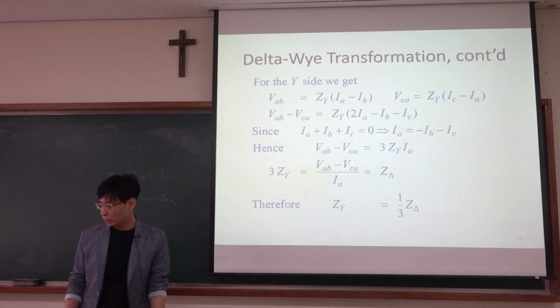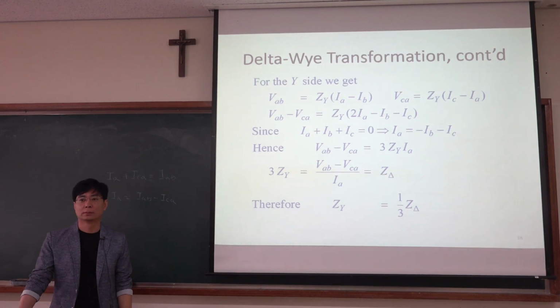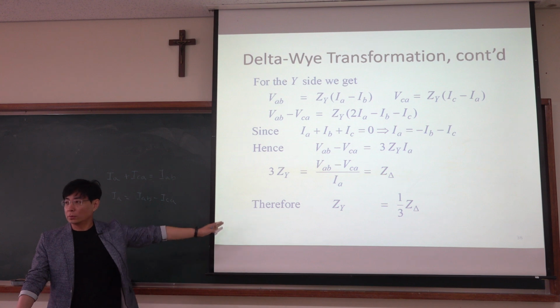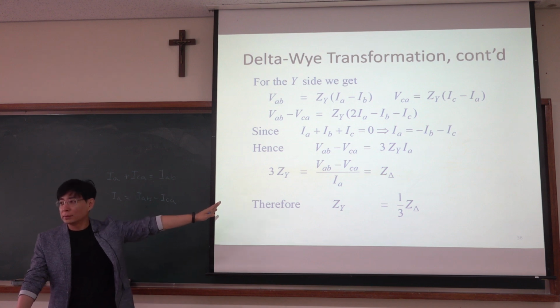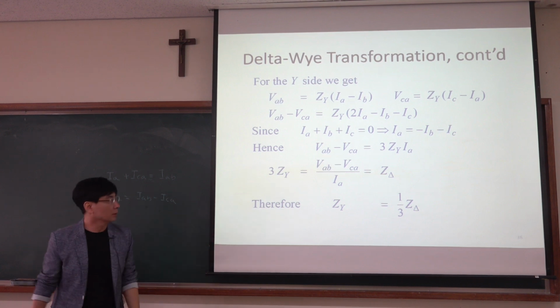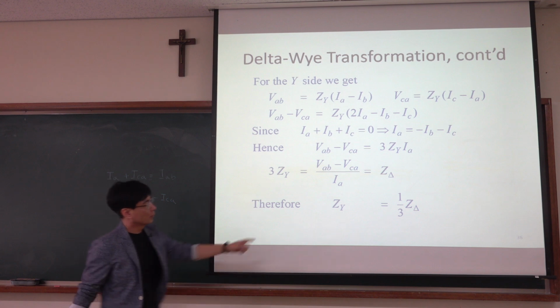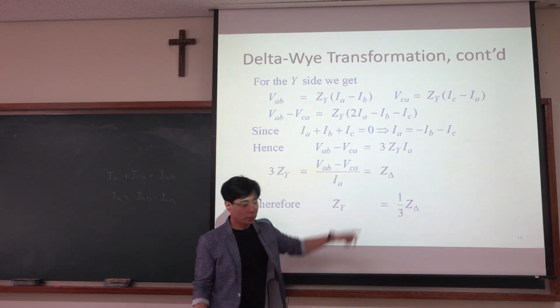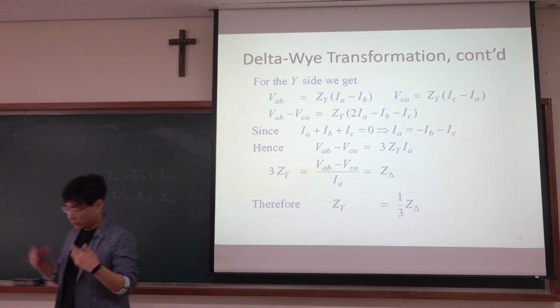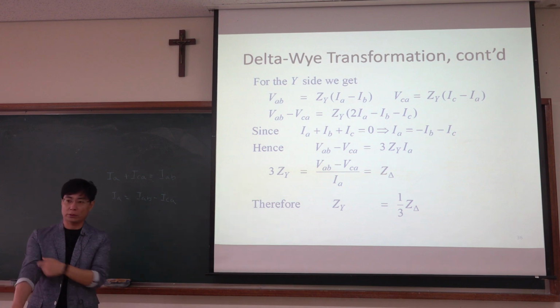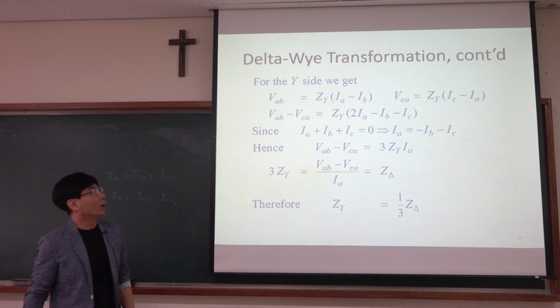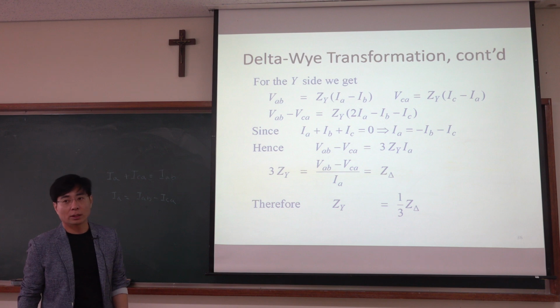But anyway, you will be confused. So you know how to derive that, but I'm pretty sure that you will be confused which one is 1/3 of which one. But intuitively, why should ZY be 1/3 of Z delta? Just intuitively, just to remember the result, without calculation.